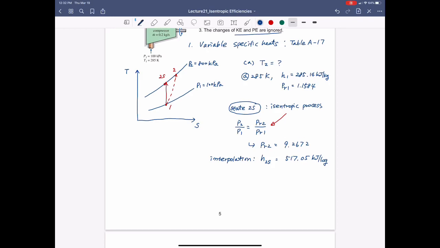So let's go to the isentropic efficiency of the compressor. Now, the compressor efficiency is defined as H2S minus H1 divided by H2 minus H1. So from this defined equation, H2 can be calculated from the equation of H1, right?